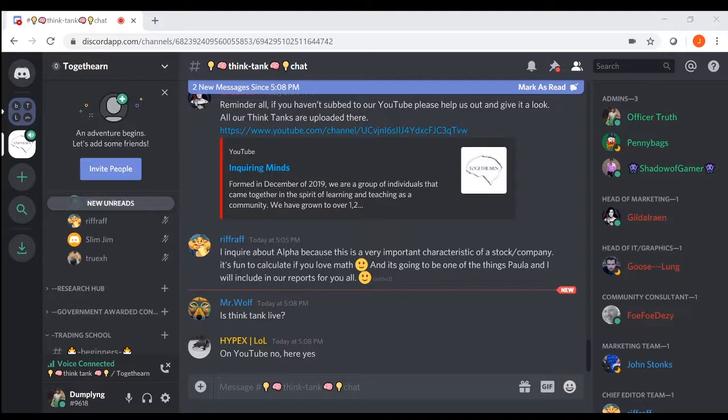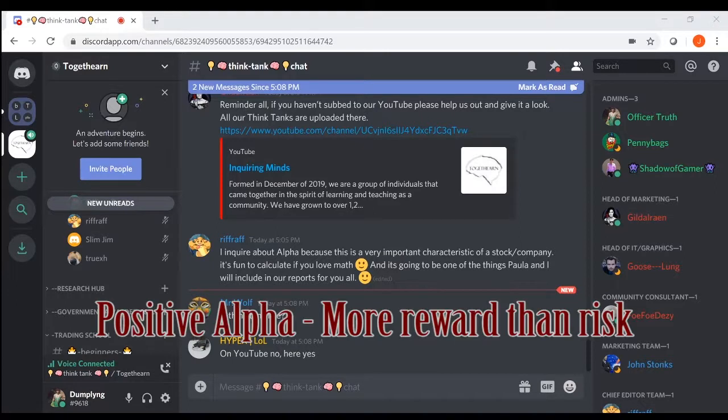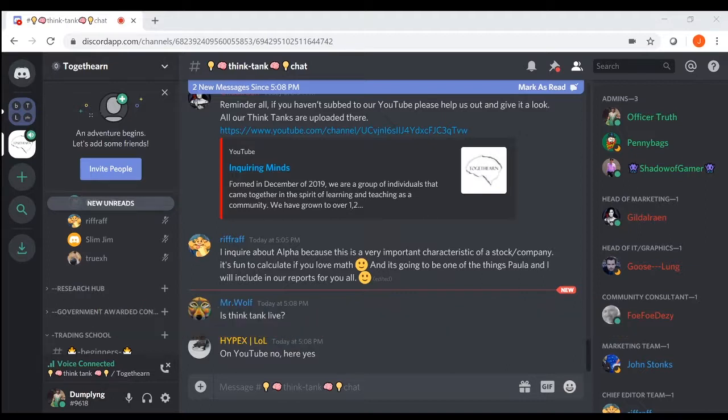So say the security has a beta of 1, but it rises 15% rather than 10, but the market rose 10. That means it has a positive alpha because it had more reward than it had risk. Okay? So just to move on, and I'm going to get a little bit deeper into that, that is a way of calculating the alpha on a security.